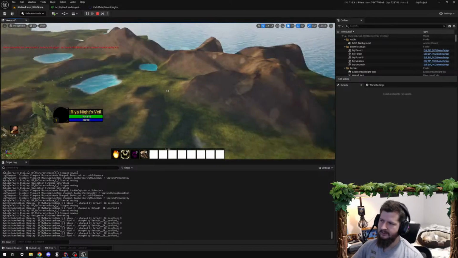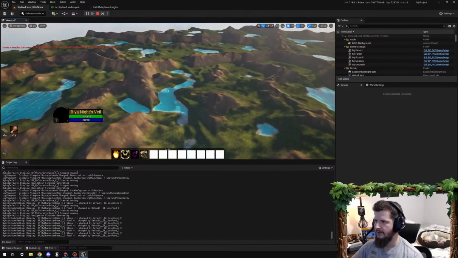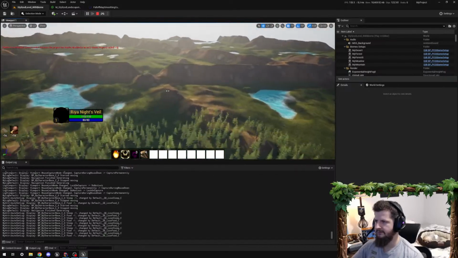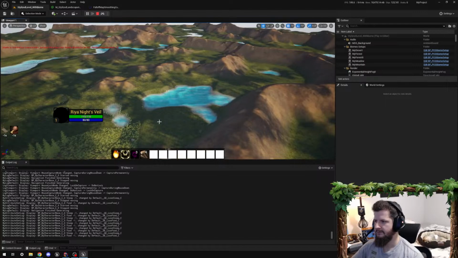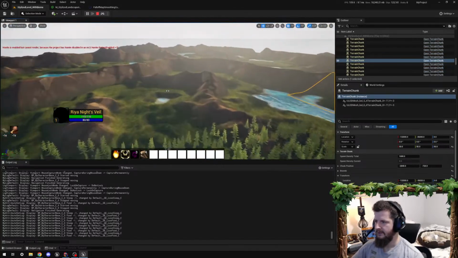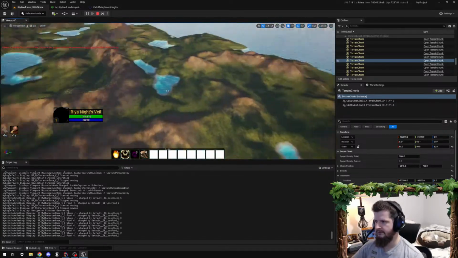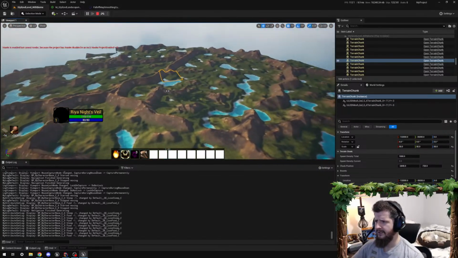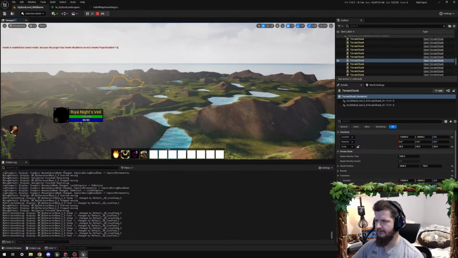I need to research that a little bit, because I do want to also change the terrain material based on the biome. So blending between different materials per chunk is something I need to look into. So I need to do some material work and research before I can do paths, I think. I want to do rivers as well, but I'll need to do altitude first, which is another thing.